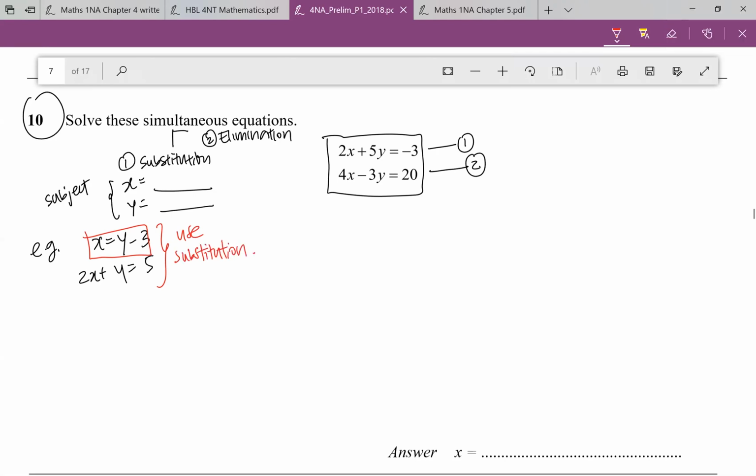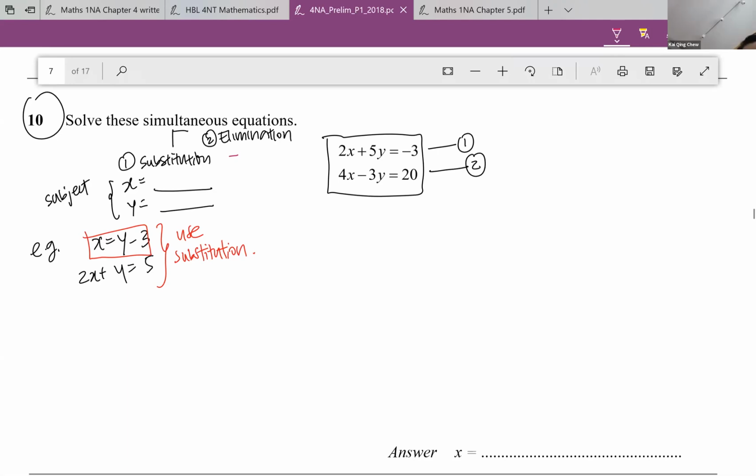This one you should not use substitution, you should use elimination.